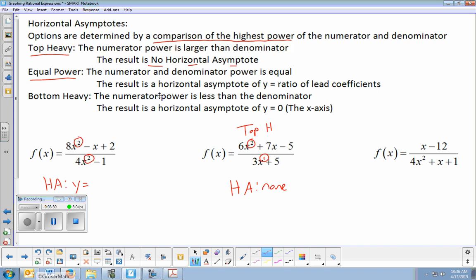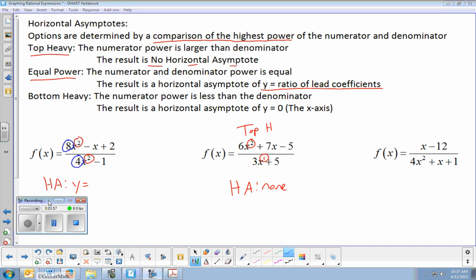The result, for equal power, is y equals the ratio of lead coefficients. The lead coefficients are the coefficients of those highest power terms. So x squared is my highest power, its coefficient is 8. X squared is my highest power, its coefficient is 4.